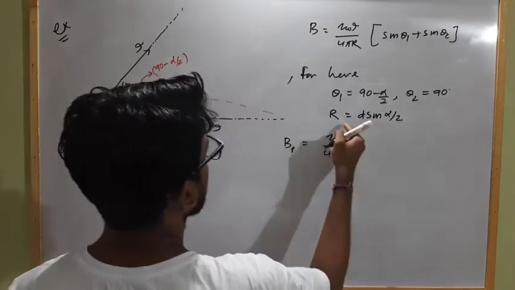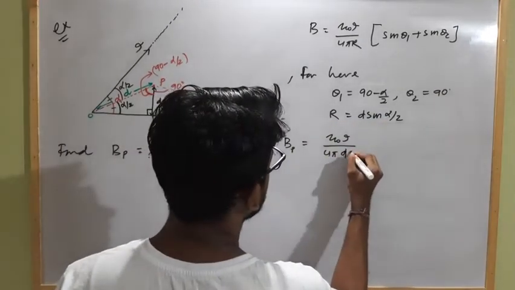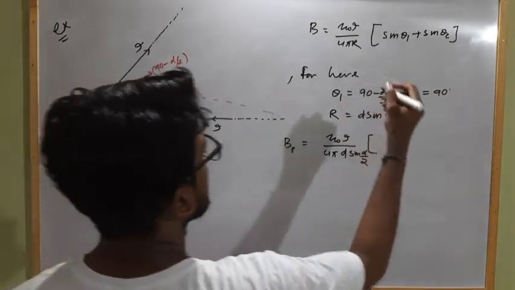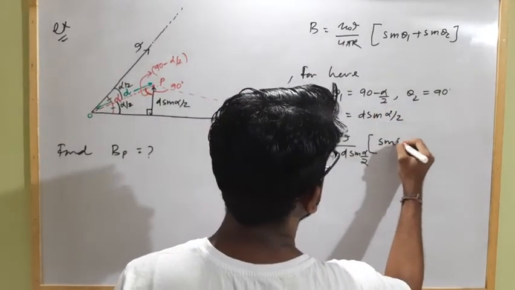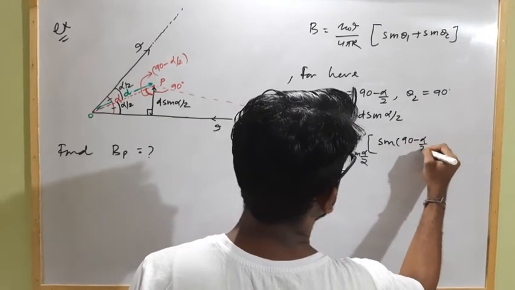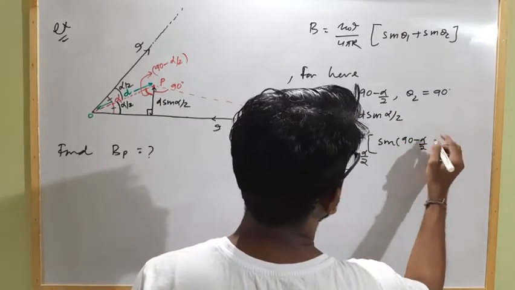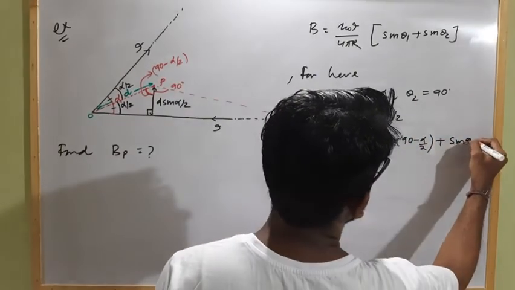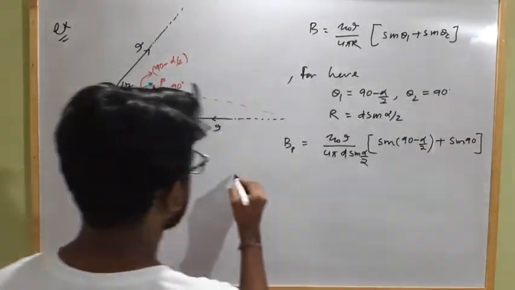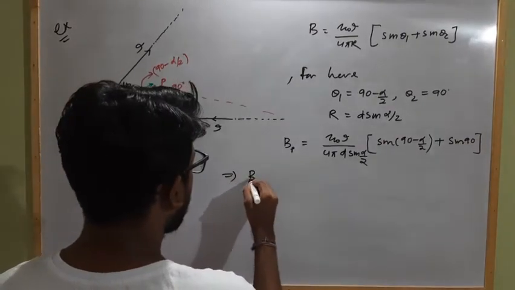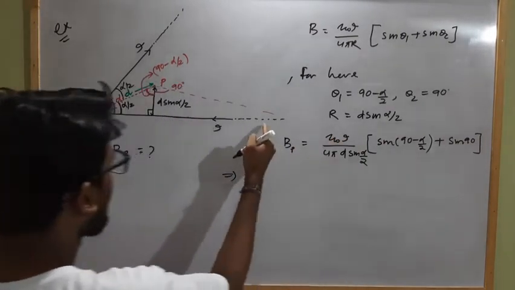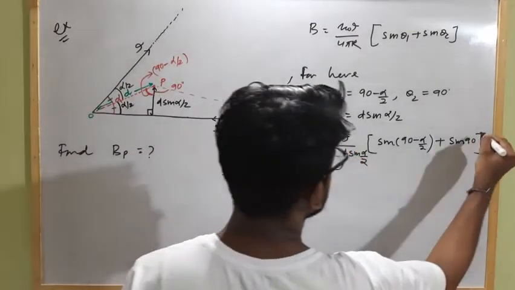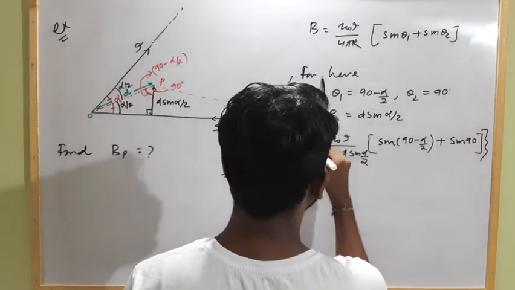In place of r we can write D sin alpha by 2 into sin theta 1, it's sin of 90 minus alpha by 2, plus sin theta 2 will be sin 90. So this will become B at P. This will be due to one segment. We need both segments. So multiply this with 2.